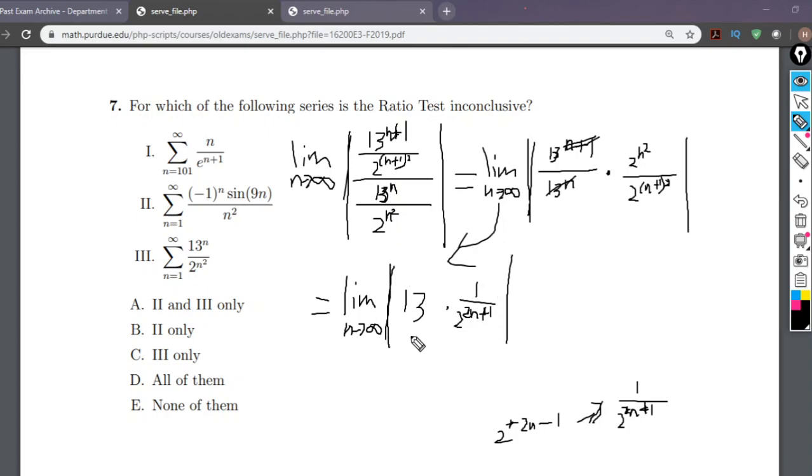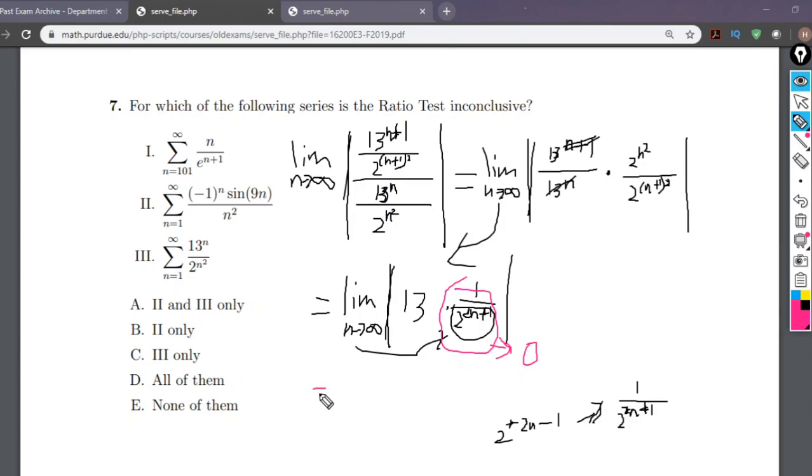Now, since we are taking n to infinity, when we plug this in, it will make this part infinitely large, which will make this fraction infinitely small, approaching 0.